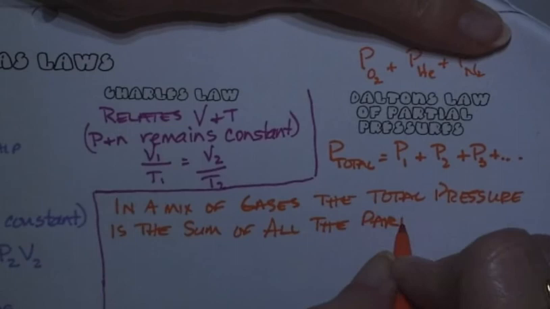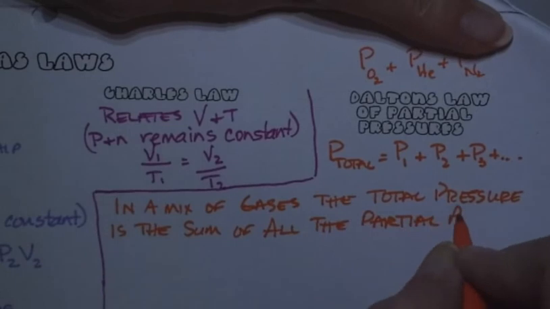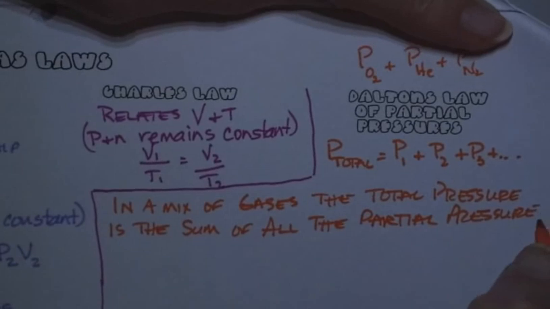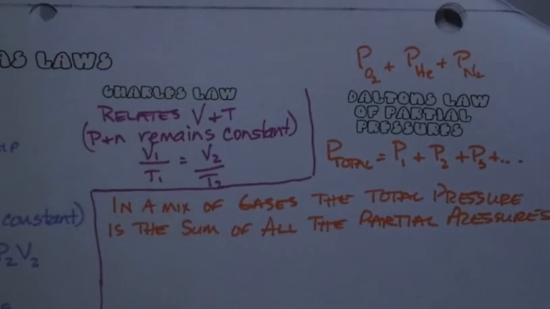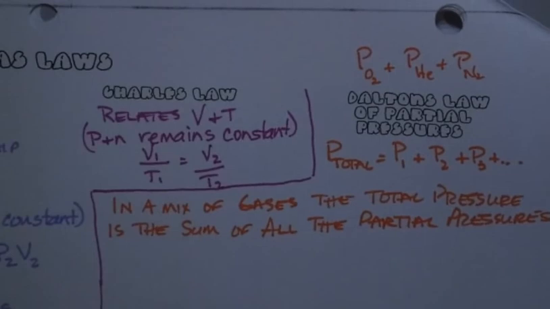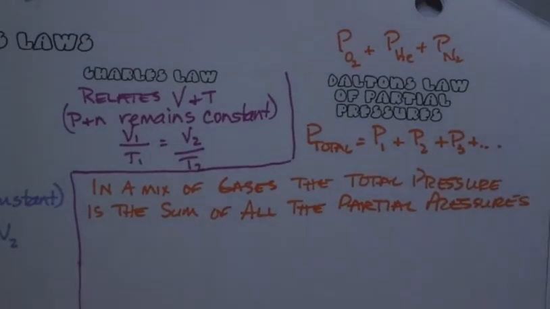So when we have multitudes of gases in the atmosphere, the pressure of the oxygen in the atmosphere plus the pressure of the nitrogen gas in the atmosphere, they're not the same pressures, because the pressures depend on the volume and the temperature, and they're not the same amounts, right? So to get the total overall pressure, like the air pressure today, we would have to add up all those pressures together.